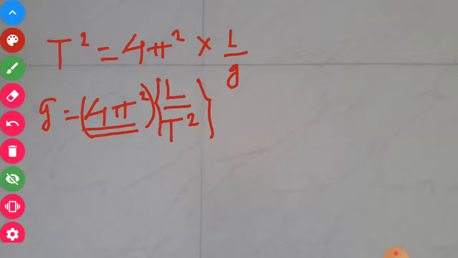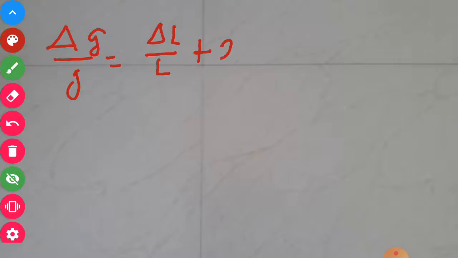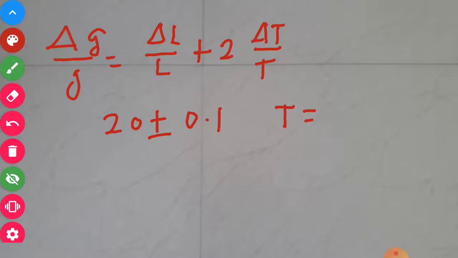So we can write delta g upon g is equal to: first quantity is delta L upon L, plus, in the denominator there is T square, so it becomes 2 times delta T upon T. Now the measurement of length is 20 plus or minus 0.1, and for the time measurement it is 90 plus or minus 1.